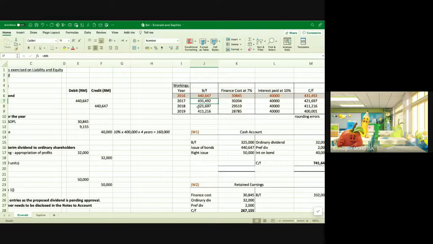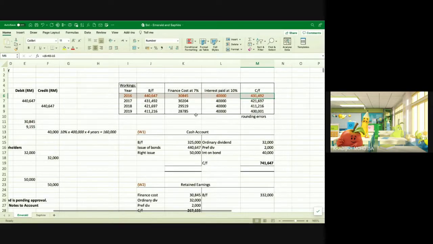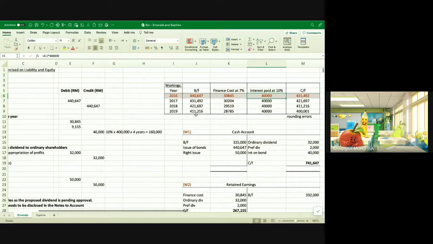So initially, look at the loan here. The loan initially was 440, and then you add your finance cost, 7% of this, and then the interest paid of 10%, J minus interest paid. I don't get the logic of this. So this is actually your brought forward plus your finance cost minus your interest.